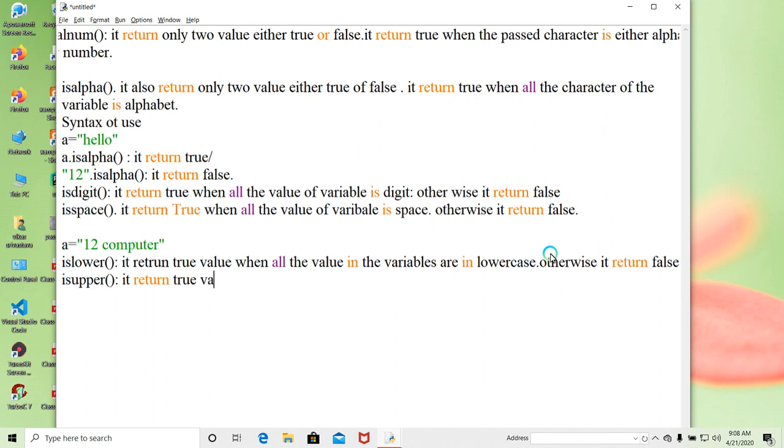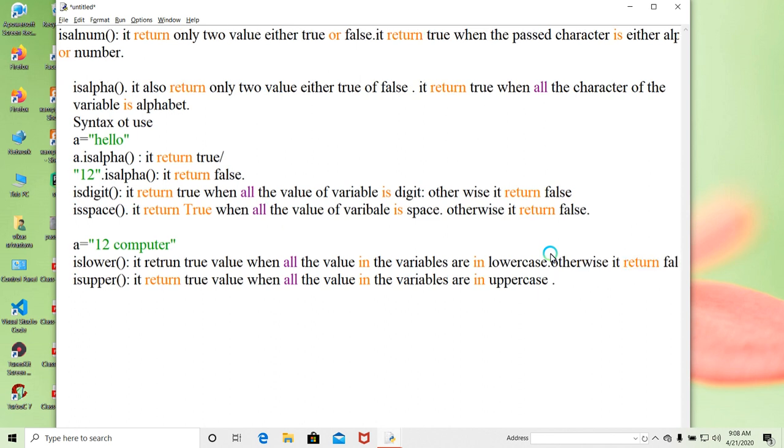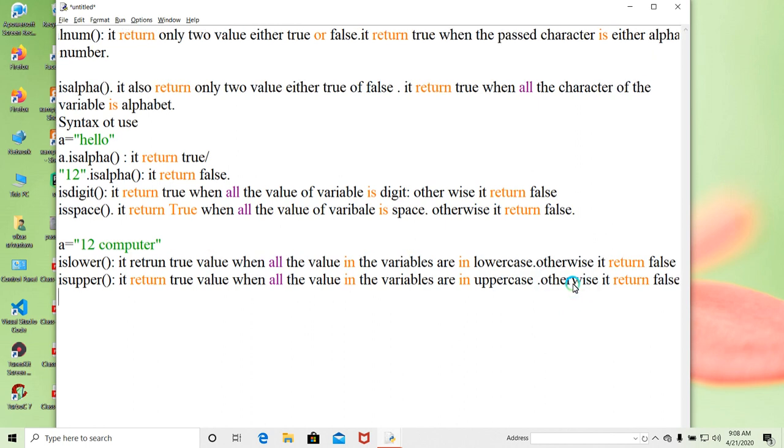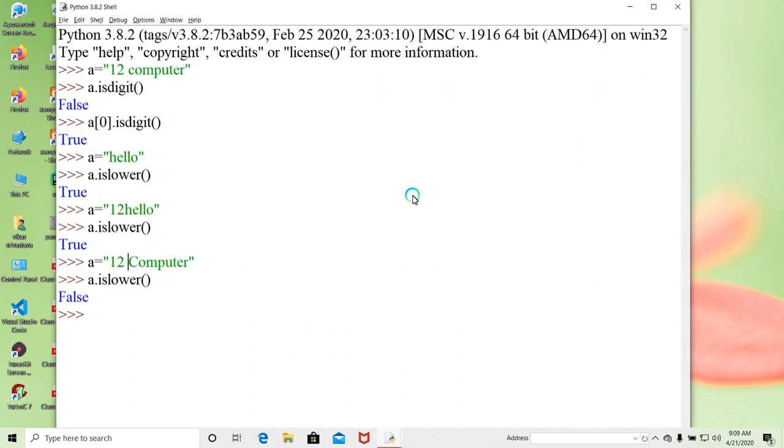Here it returns a true value when all the values in the variable are in uppercase, otherwise it returns false. So look here. Now I will make one program on the basis of this. Where is my cursor here?